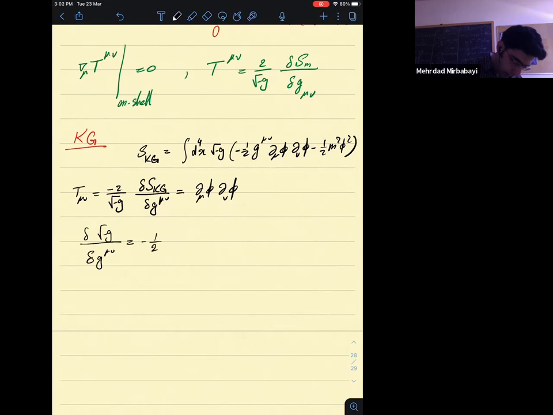minus 1/2 g mu nu times the square root of minus g.